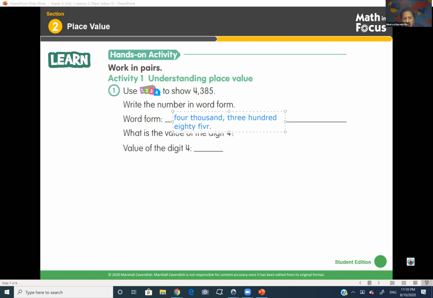Don't forget the period at the end. So when you have problems like this, that's what you have to put. And then what's the value of digit 4? Remember that digit 4 is this one here, and we remember it's in the thousands place. So the value of that number is going to be 4,000.